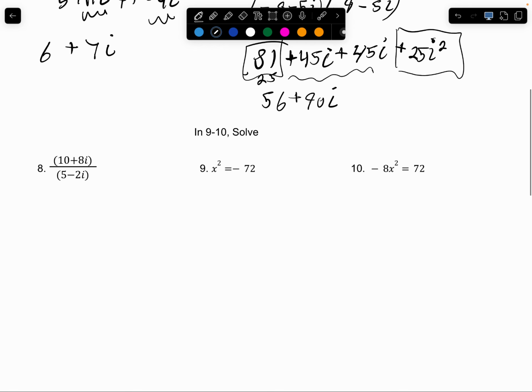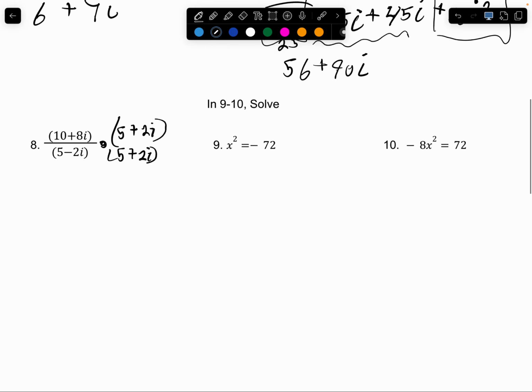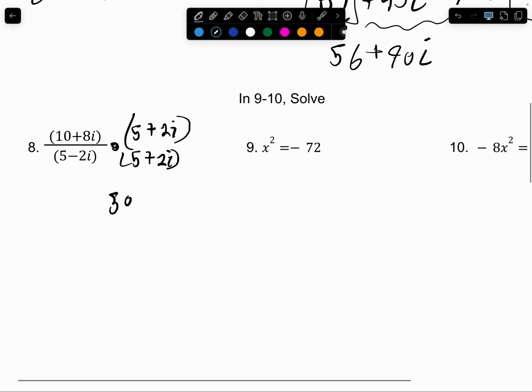Okay. This one has to have this. 5 plus 2i, 5 plus 2i. We multiply by 5 plus 2i. Get it? On the top, you have 50 plus 10i plus 40 more i. That's 50i.